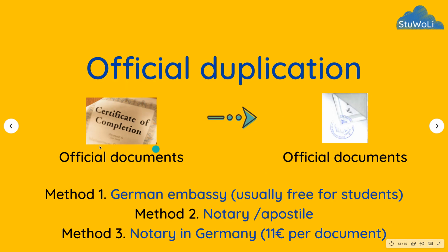Let's say you have a certificate of completion of your high school. It's an official document. You want to have it copied, but not only you yourself copying it, but an official entity copying it. That is usually done by the German embassy. Here, method 1, the German embassy usually does it free of charge for students. This is an actual photo of the documents of a student I got. What the German embassy does is put all these papers on top of each other.